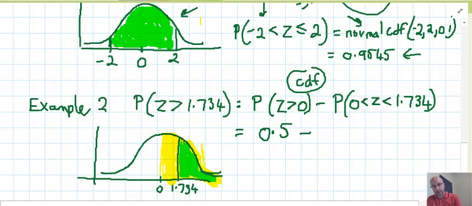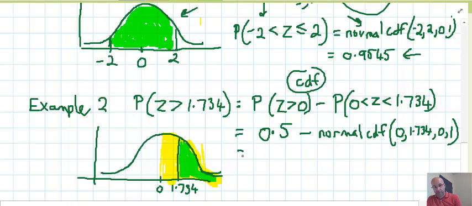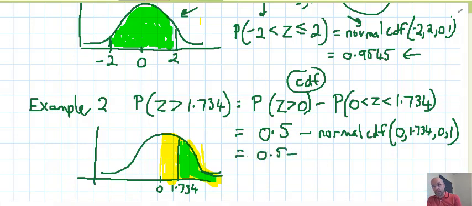Now this bit here can be achieved by using your graphics calculator, so that'll be normal CDF going from 0 to 1.734 with the standard 0 and 1 for mu and sigma. And we go and achieve that then.